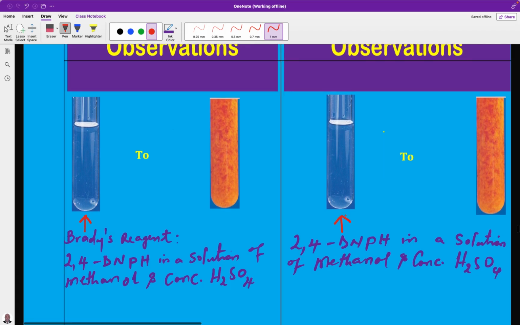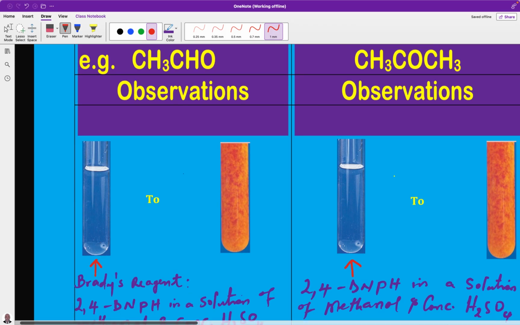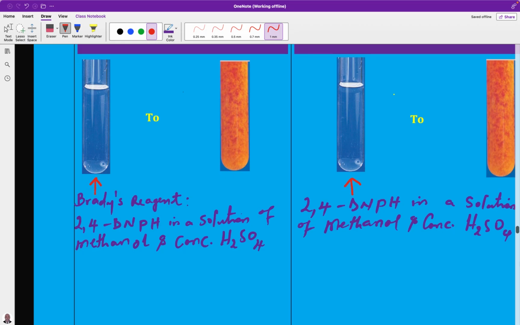If I put this Brady reagent into a test tube containing the ethanol and into a test tube containing the acetone, the result will be a deep orange precipitate that is formed. That will be the observation.